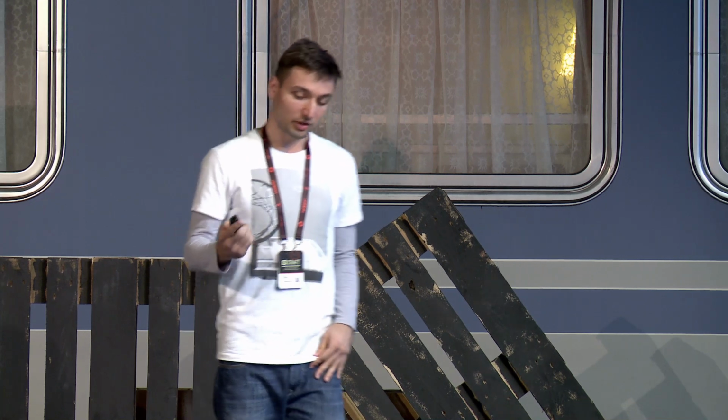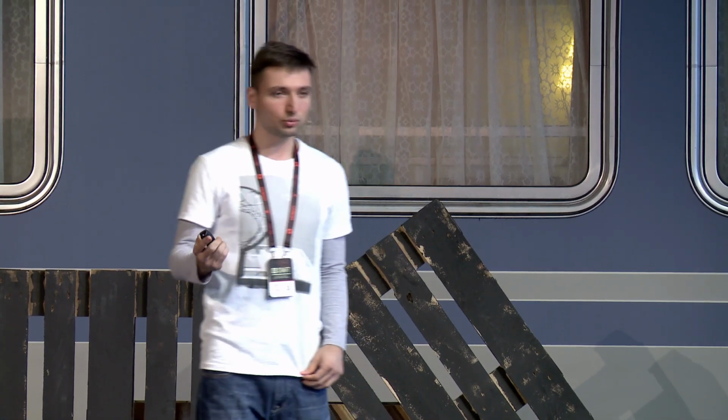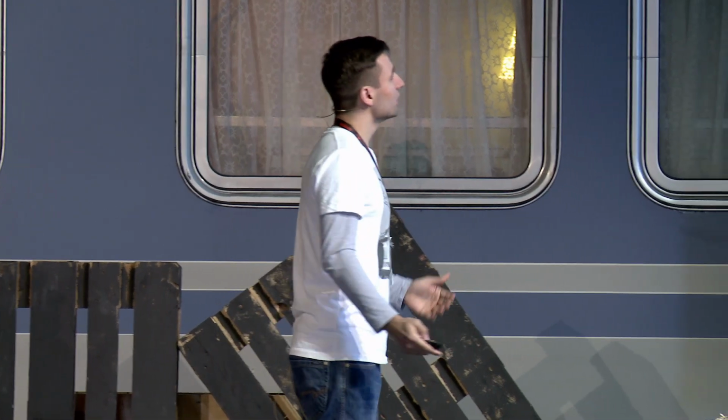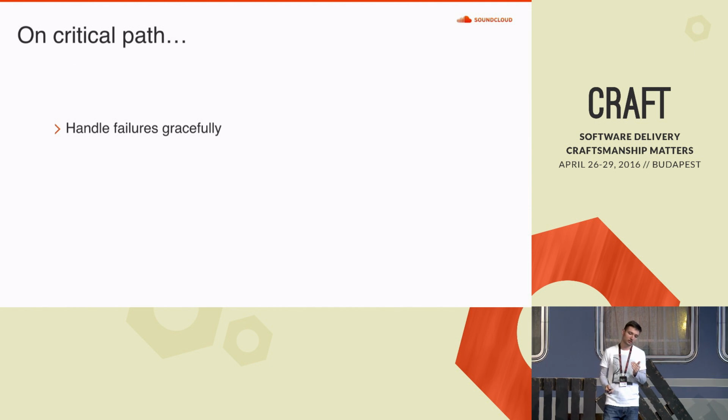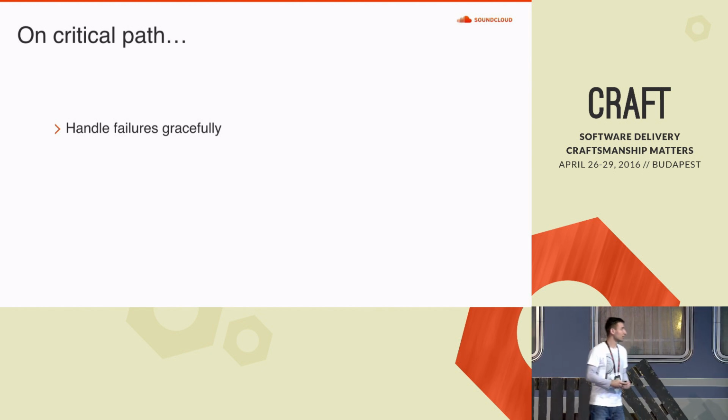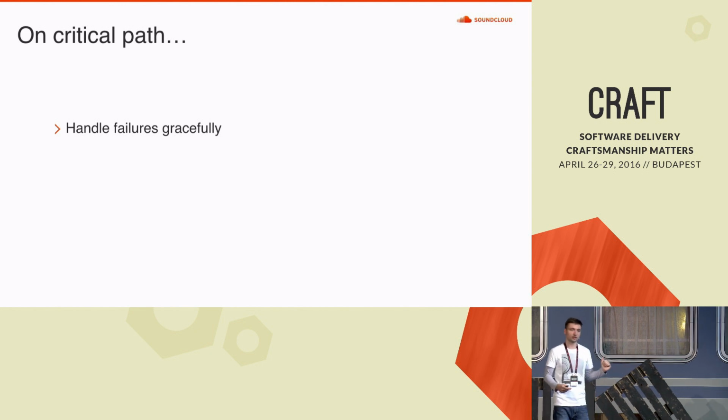As I said, there are downsides of this approach as well. There are two main things that we need to pay great attention to on the critical path. The first thing is handling failures in a graceful way, because if we start dropping requests on this layer, we may take down whole SoundCloud, including every client application. So of course it's something that we want to avoid. And because of this, we need to be really careful about how we are integrating these services.